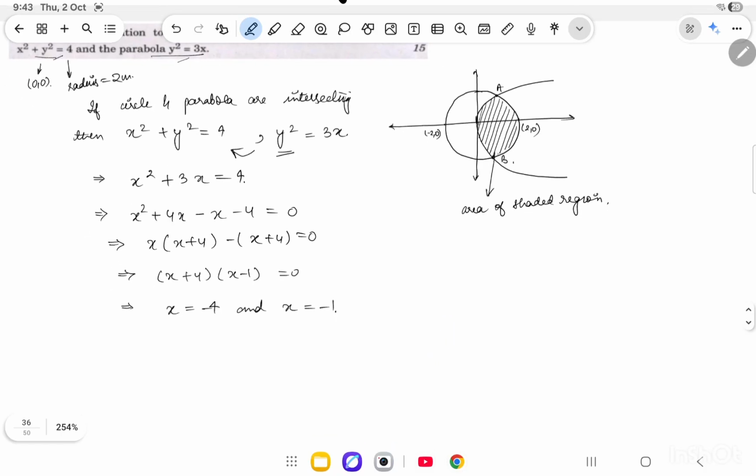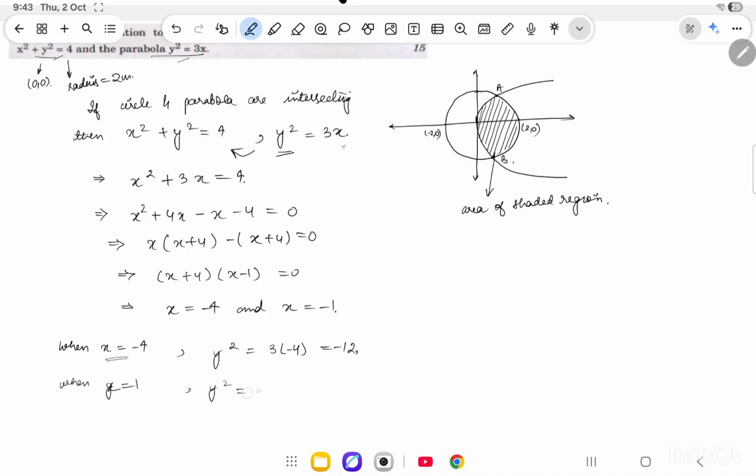Now let's find the value of y by plugging these values into the equation of the parabola. When x is minus 4, y square equals 3 times minus 4, which is minus 12. But in the real line we cannot have a square as negative, so we'll discard this option. Let's see the value of y when x equals 1.